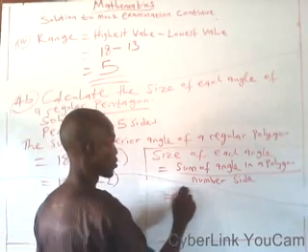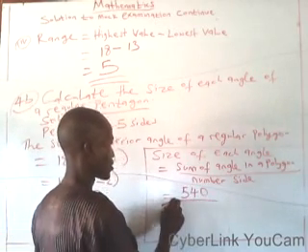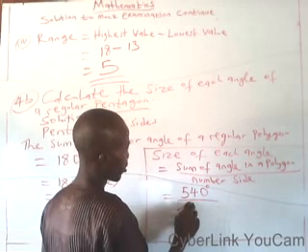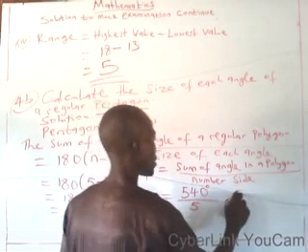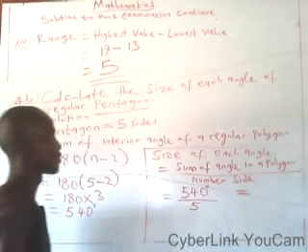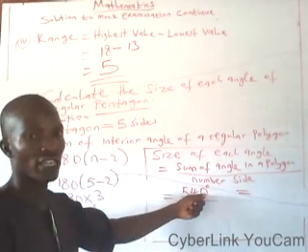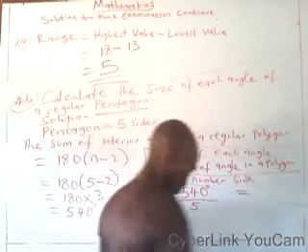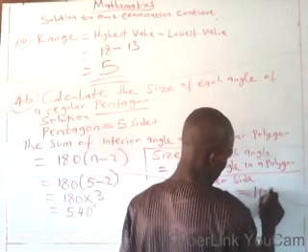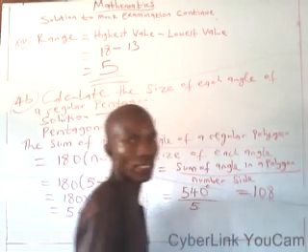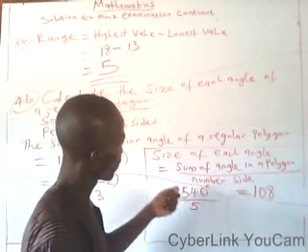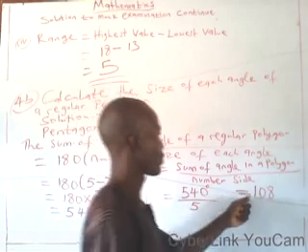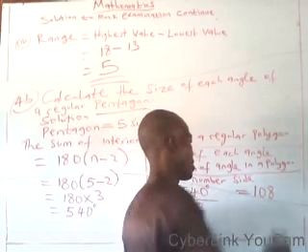In that case, that is 540 degrees, the degree must be there, divided by the number of sides, which is 5. 540 divided by 5 is going to give us 108 degrees.